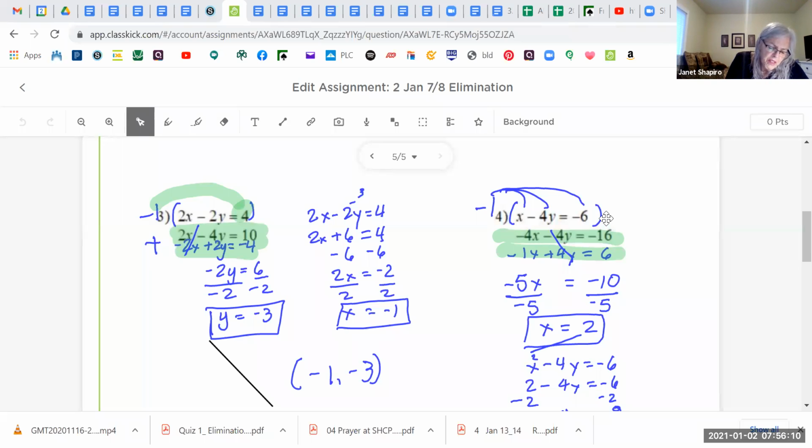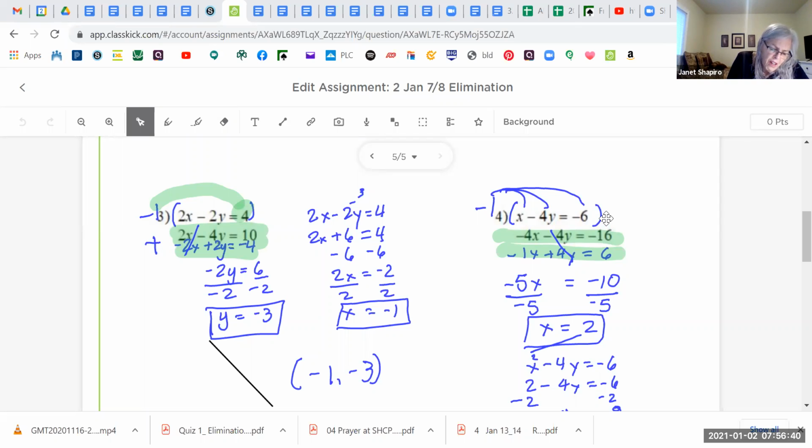I have two choices. If I wanted to eliminate the x's, this is a 4x, I would need this to be a -4x. So that means I would have to multiply it by 2. That would give me a -4x, a positive 6y, and a -16. And now I would be dealing with these two equations.